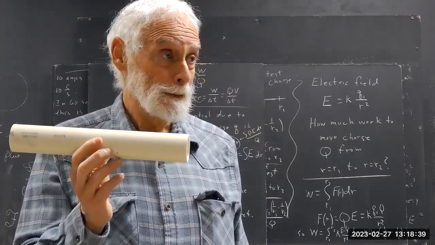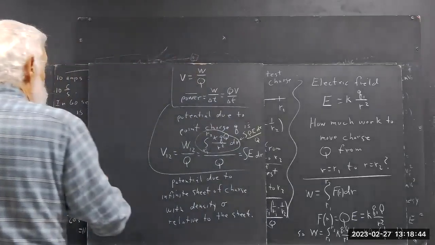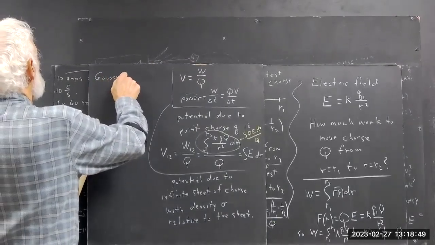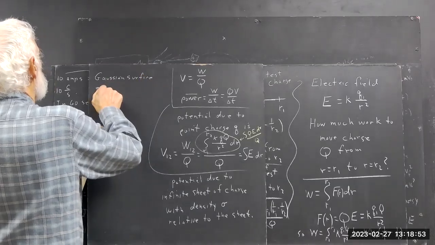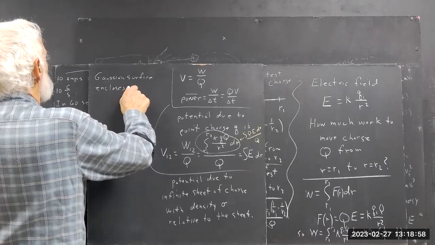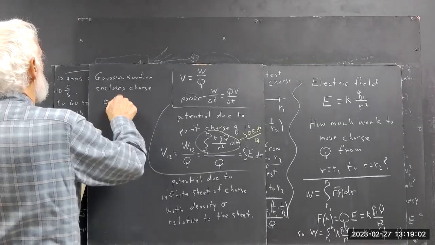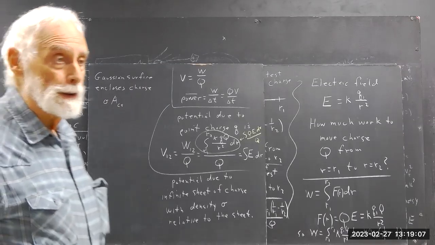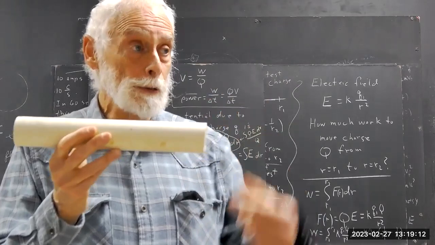Your Gaussian surface has to be a cylinder, though it doesn't have to be round.